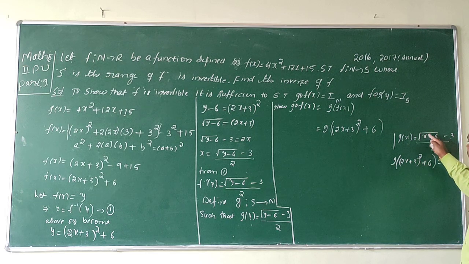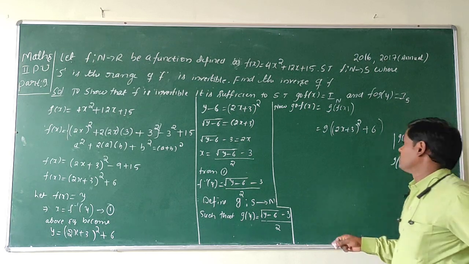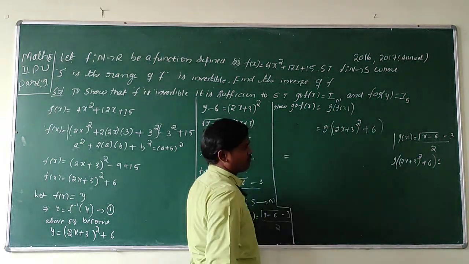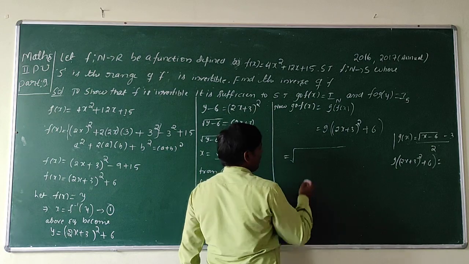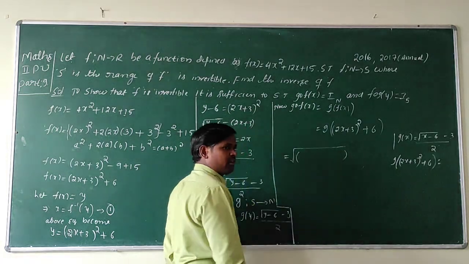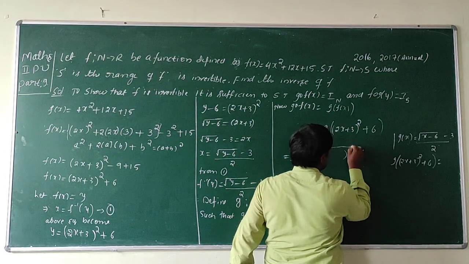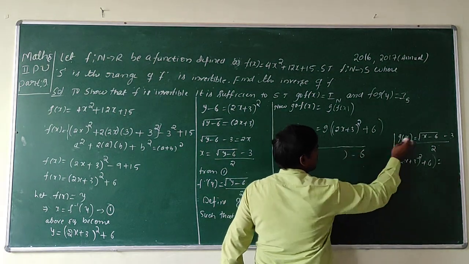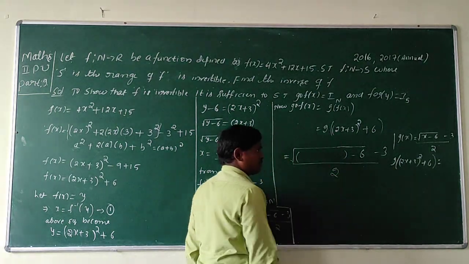So instead of writing x, we are going to write the complete expression. So this becomes root of input minus 6, minus 3, divided by 2.